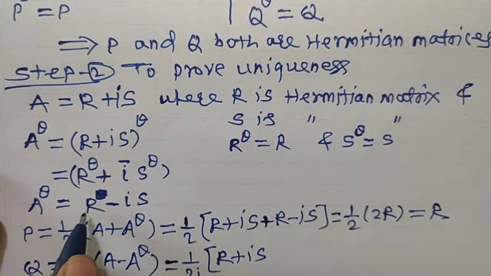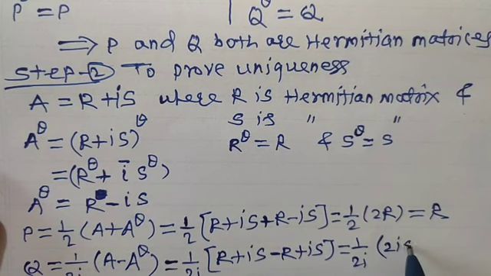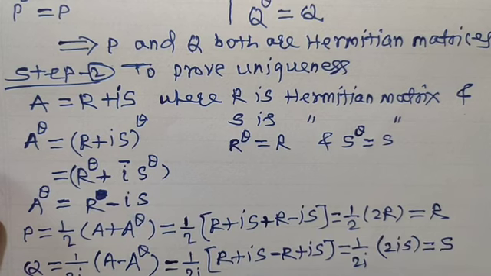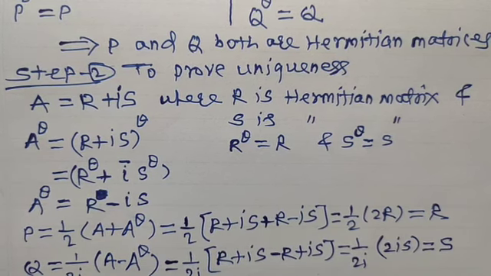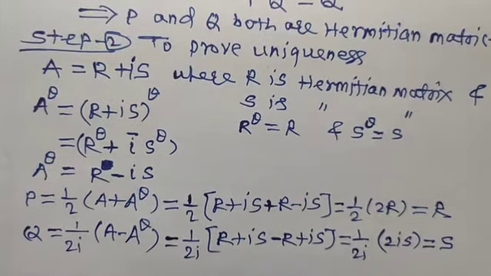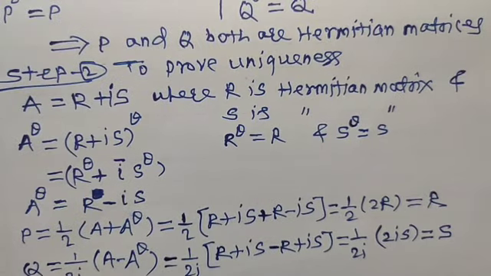Its minus sign, minus R plus IS, and this is equal to 1 upon 2I into bracket, RR gets cancelled, 2 times IS. 2 gets cancelled, II gets cancelled, is equal to S. Here we have proved Q is equal to S and P is equal to R. This is nothing but uniqueness of this theorem. Okay. In this way we can prove this property number 3.